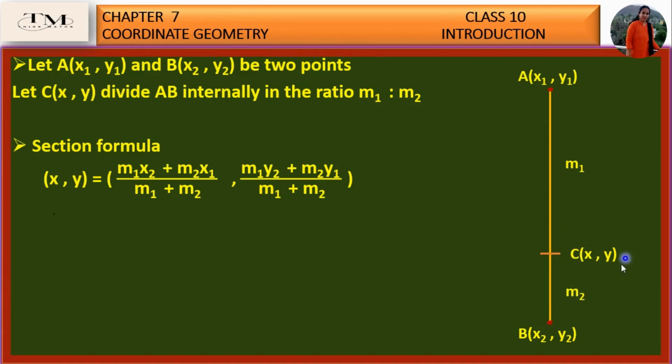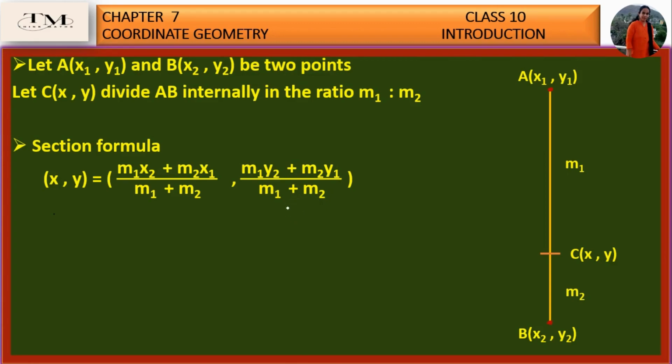So suppose we have to find out where this C lies. So to find out this point, we have a section formula, which is (x, y) is equal to (m1 x2 plus m2 x1) divided by (m1 plus m2), comma (m1 y2 plus m2 y1) divided by (m1 plus m2).